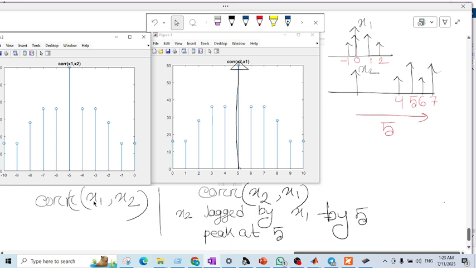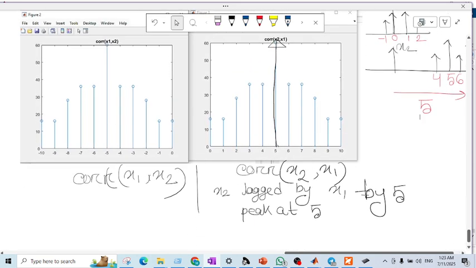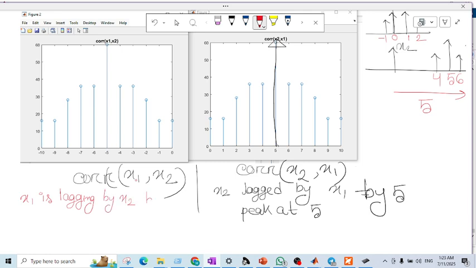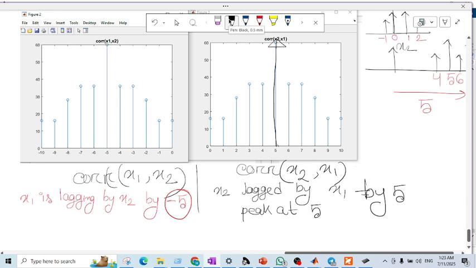Okay, now let's come here. So x1 is at the beginning, so we will assume that x1 is lagging by x2 by how much? It's -5. So what does -5 mean? It's lagged by -5. That means x1 is leading x2 by 5.